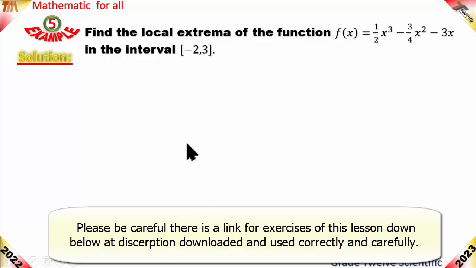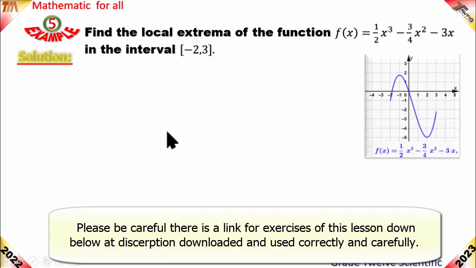Example number 5. Find the local extrema of the function f of x equals 1 over 2 x cubed minus 3 over 4 x squared minus 3x in the interval minus 2, 3. If the graph of the function is given, you can see there are two local extrema.